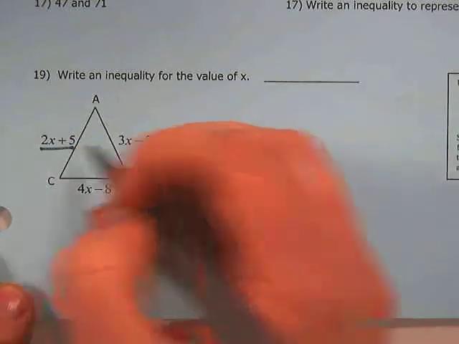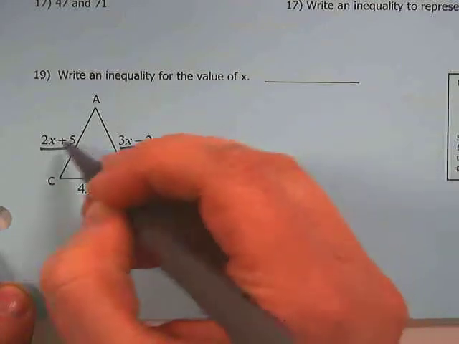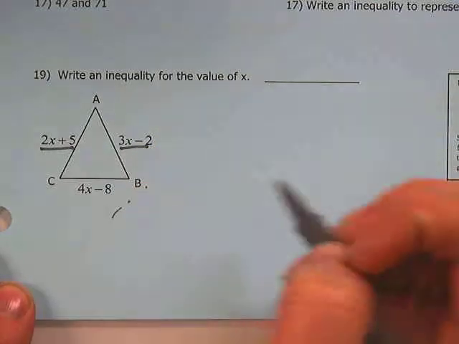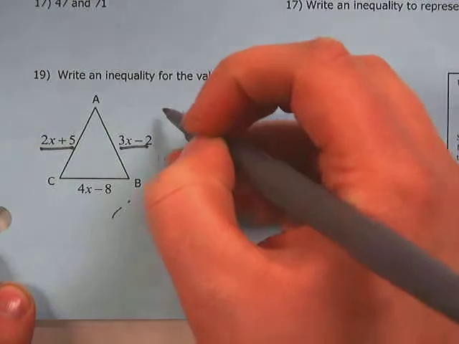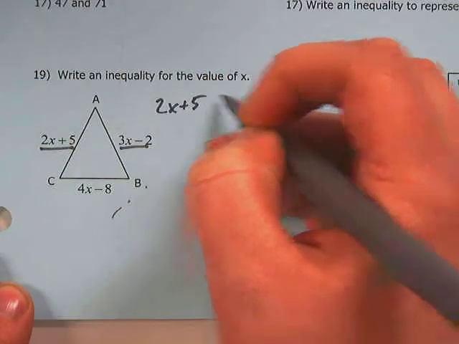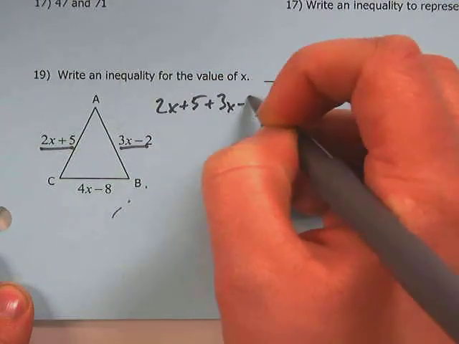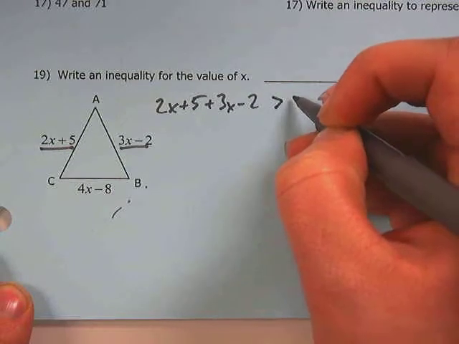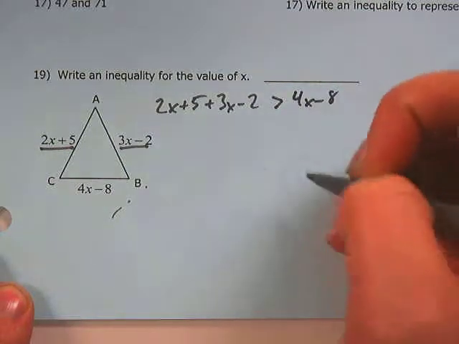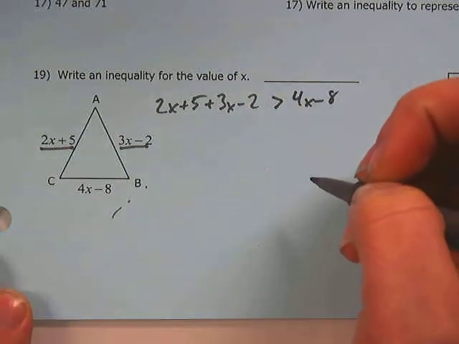So first we're going to do this one where we add these two up and say it's greater than the third side here. So we have 2x plus 5 plus 3x minus 2 is greater than 4x minus 8. So we're going to start by solving this inequality.